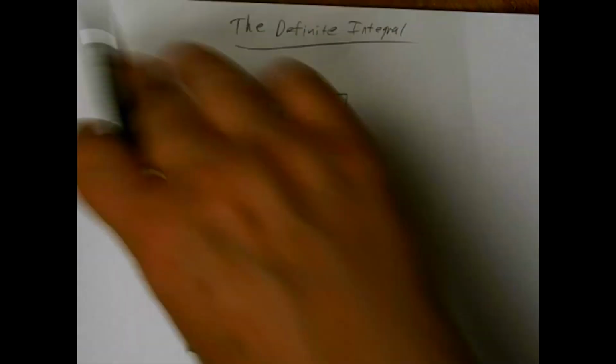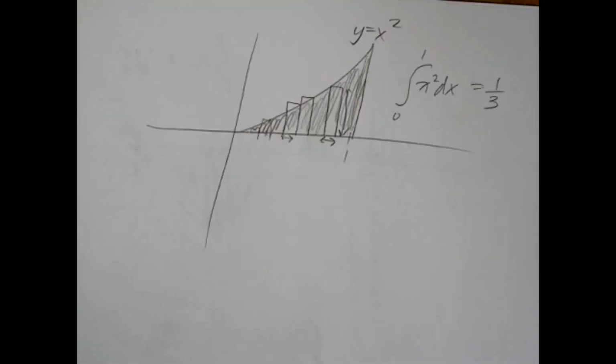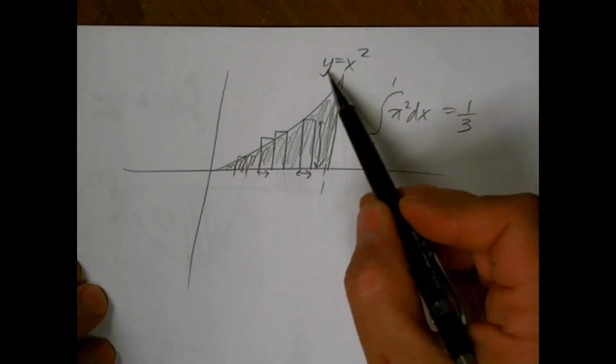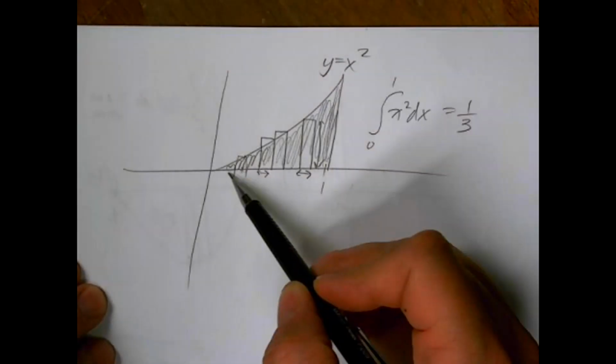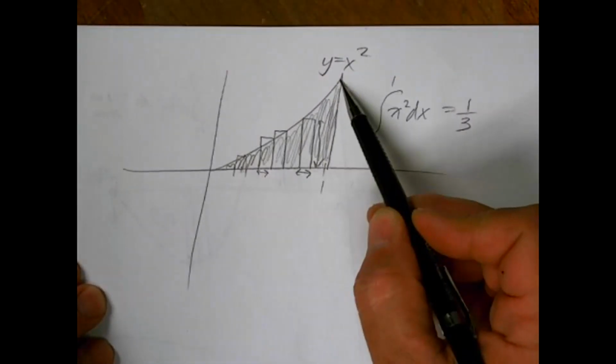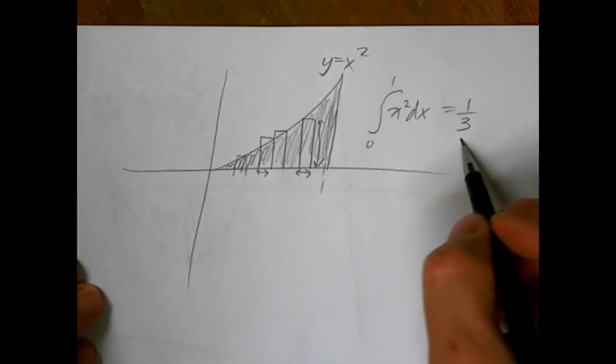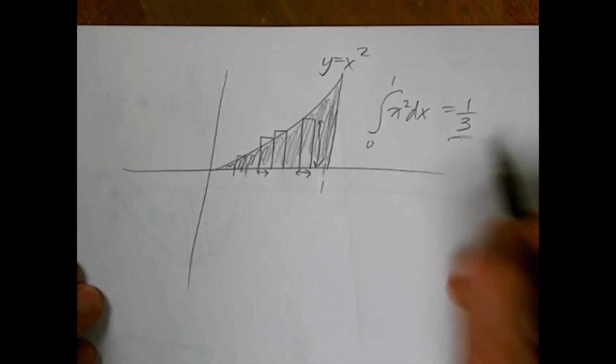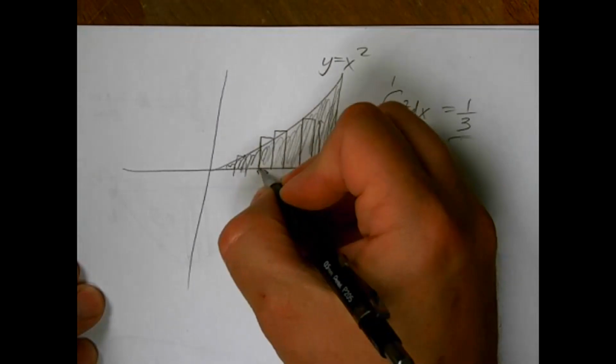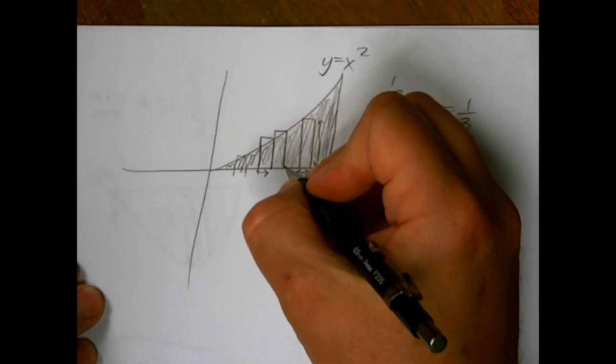So, for example, here's one we've seen before. We previously looked at y equals x squared, and we looked for the area under the curve from 0 to 1. We found it to be 1/3. Now, we found this 1/3 using right-handed rectangles.